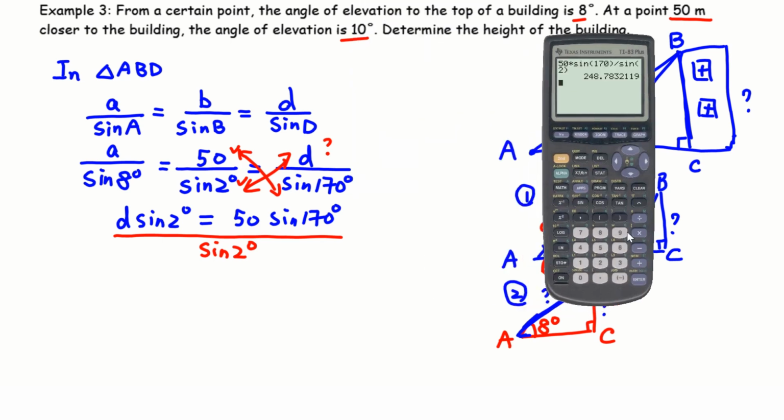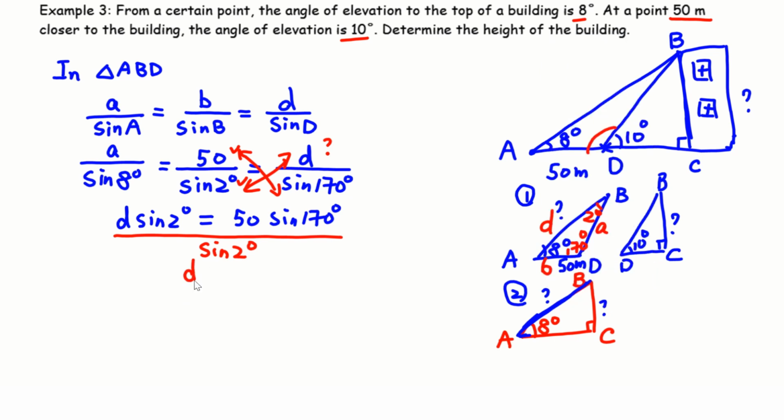So 50 times sine 170, then close the bracket, divide by sine 2 degrees, close the bracket, that equals 248. So set D equals 248.783.